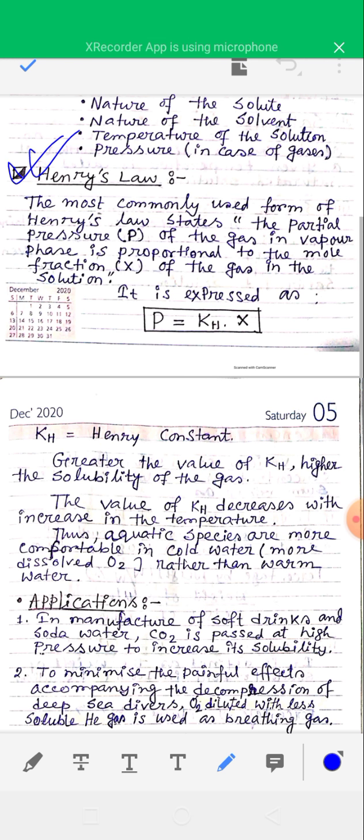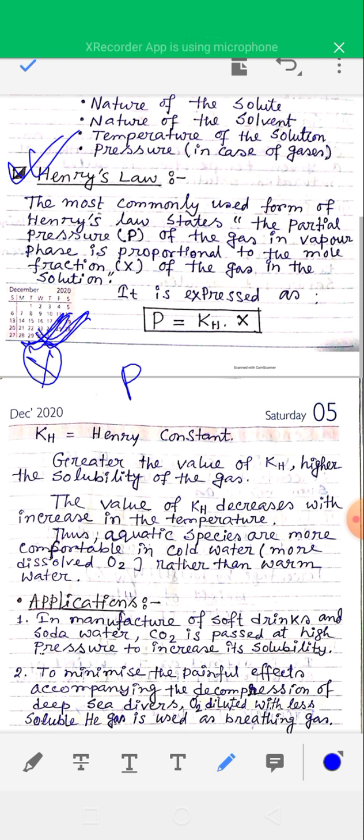Mole fraction means x. X is the mole fraction of gas. If the pressure above the gas is P, then the amount of gas dissolved is expressed in mole fraction, not in mass.